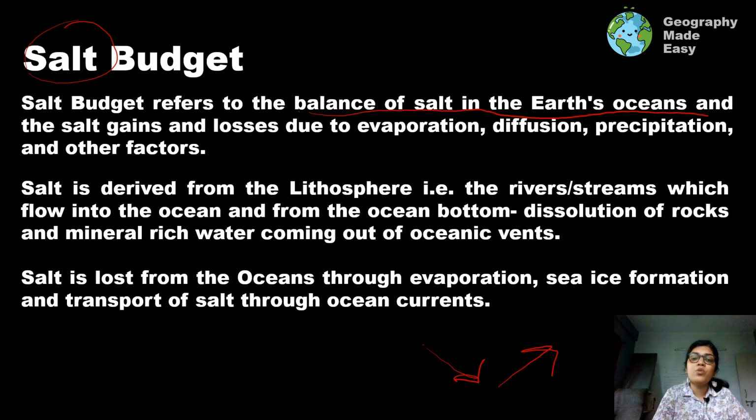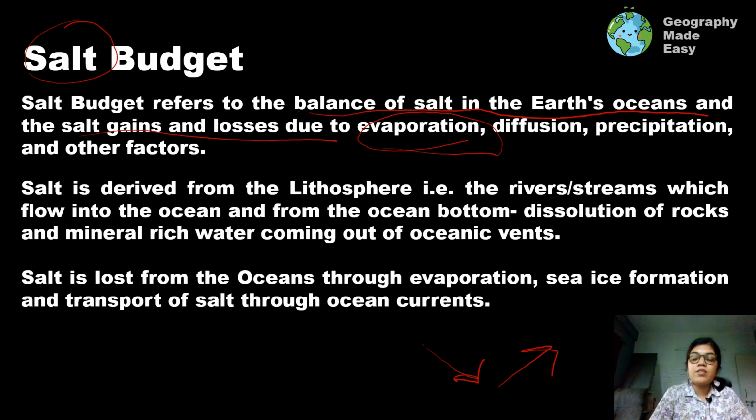And how do we lose salt? Salt loss can be seen through one of the processes, evaporation. If we have salty water and the water is evaporated, the salt is left behind as a precipitate. So these are some of the ways by which we can have a gain and loss of salt. When this gain and loss is calculated, we get the salt budget.